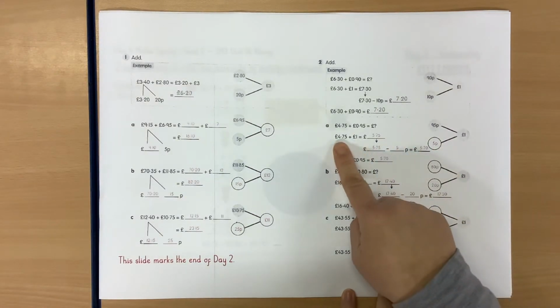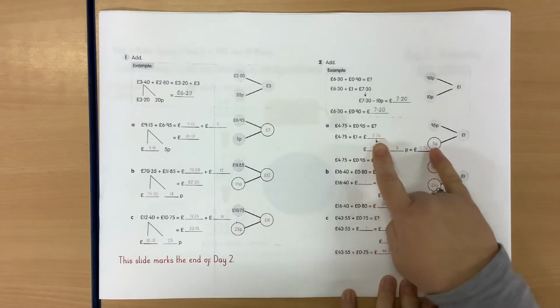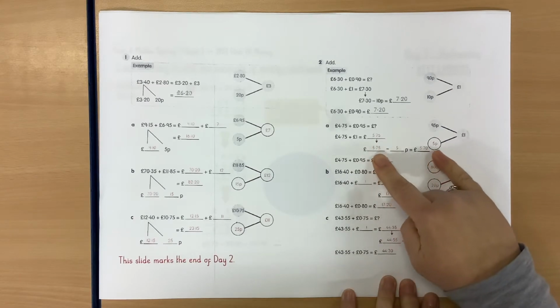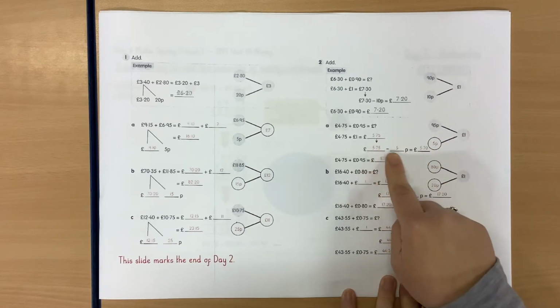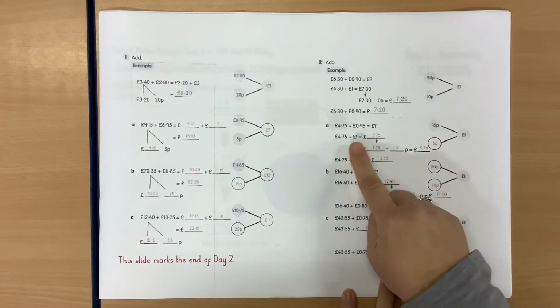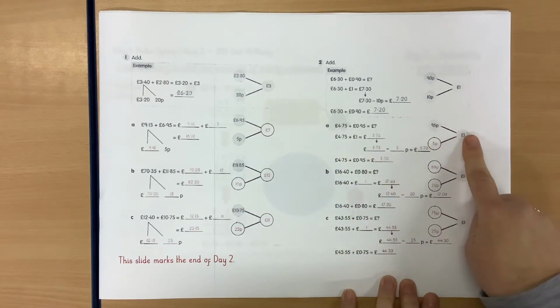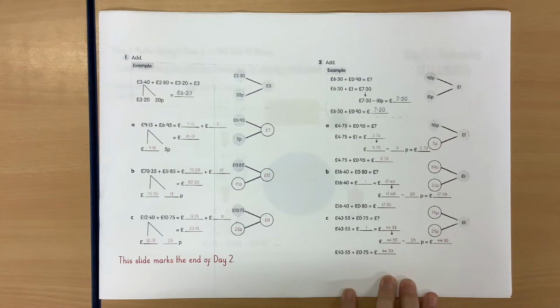So I begin £4.75 plus £1 is £5.75. But I've added on 5 pence too much, so I need to take that away again. £5.75, take away 5 pence is £5.70. So we're still adding on the same amount. We're adding on 95 pence, but we're just doing it by adding on £1 and taking away 5 pence.